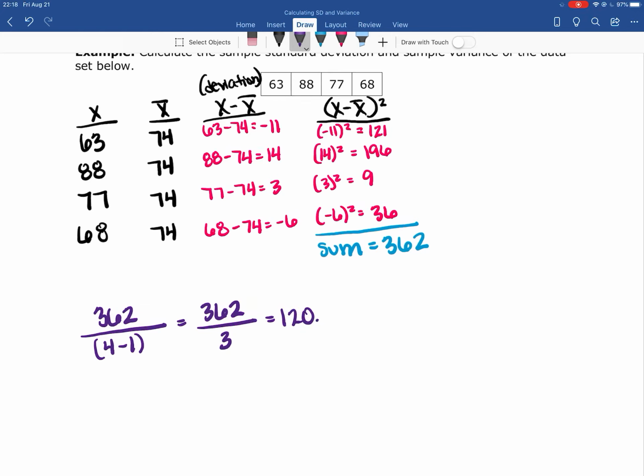So now I get 120.666. It repeats on forever and ever. We don't want to round this number until we get to the very end. So when we go on to the next step, we're going to type in a bunch of 6s and then a 7 at the end.